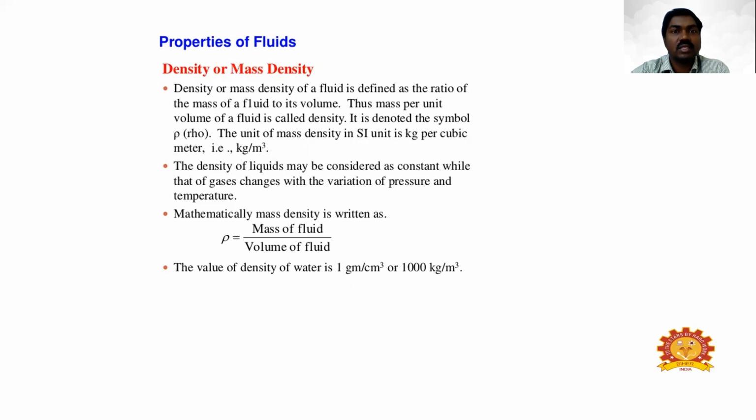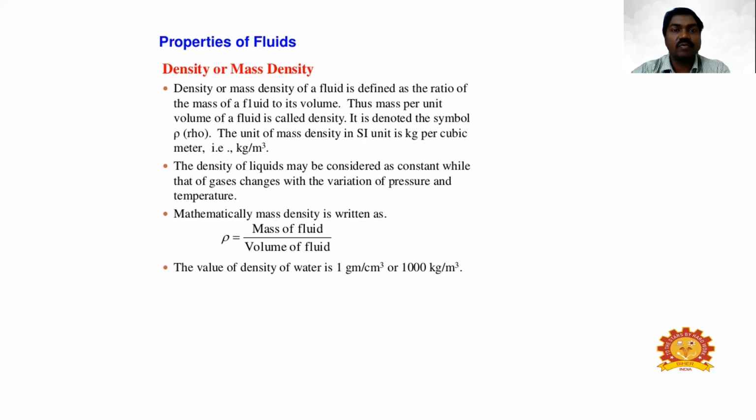It is denoted by the symbol rho. The unit of density in SI is kg per cubic meter, so it is taken as kg per meter cube.